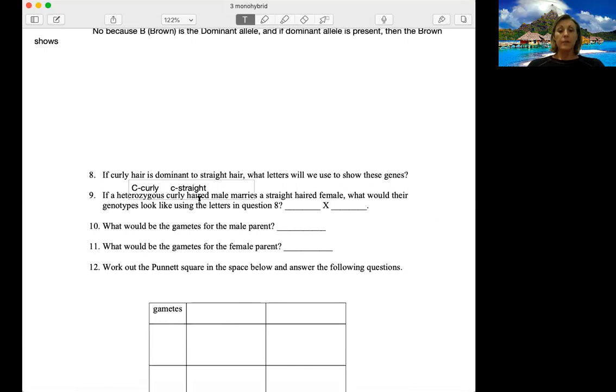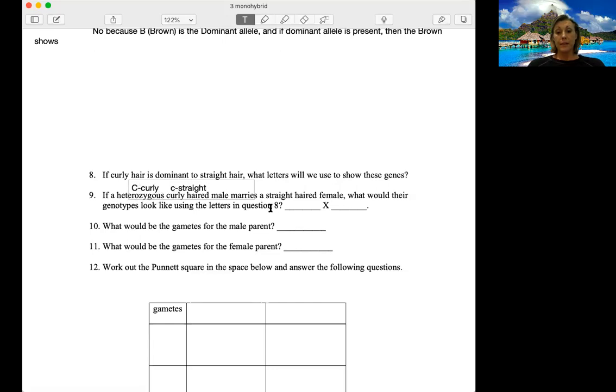If a heterozygote curly-haired male marries a straight-haired female, what would their genotypes look like using the letters in question 8? Heterozygous, remember, hetero means different, zygous, different letters.